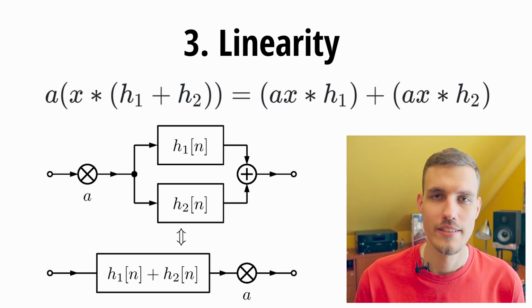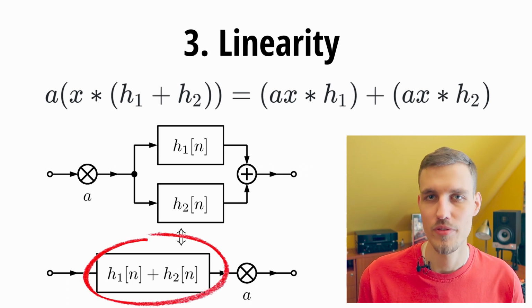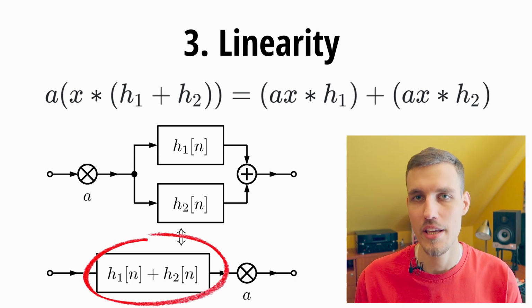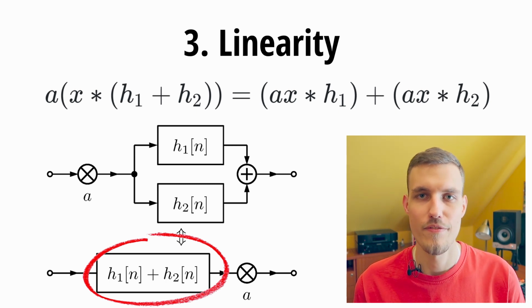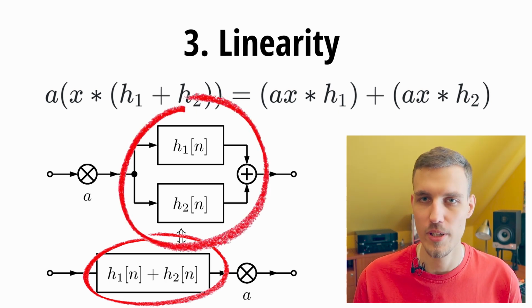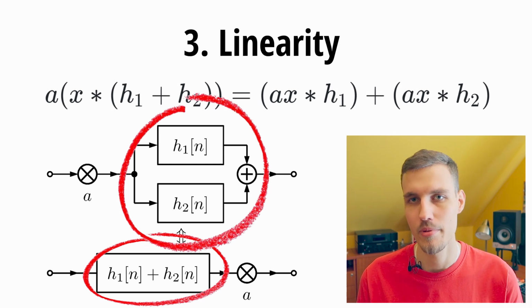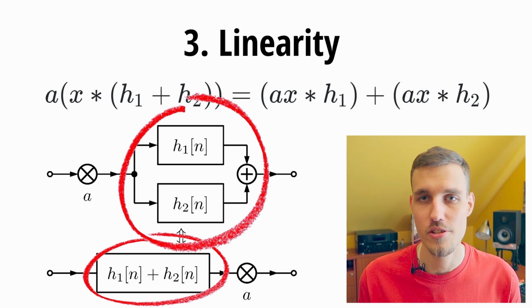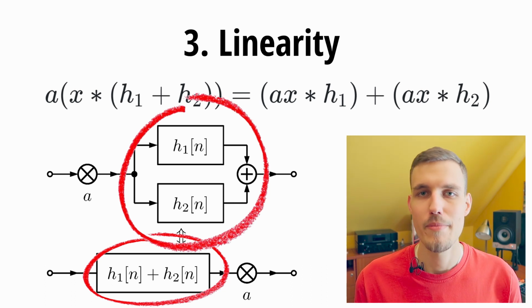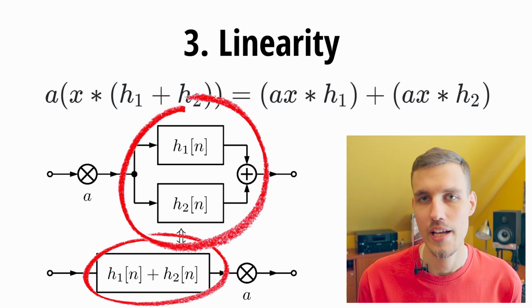And also that having a sum of signals filtered together is equal to filtering these signals with the same filter and only then summing them up. If we want to sum these signals eventually, then it may be beneficial to sum them beforehand and then filter them only once.